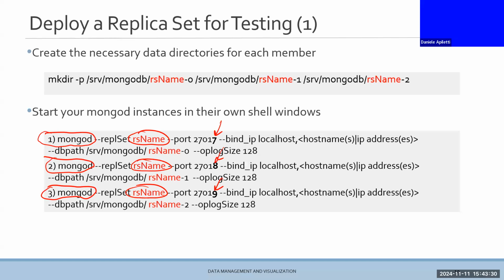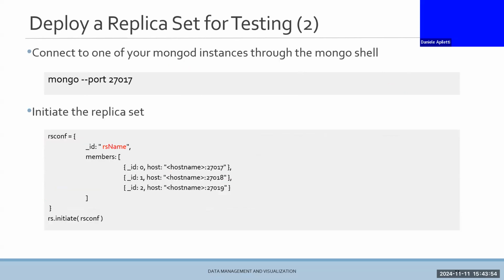That's an implication of the operating system. And then you pass different paths. So you build a directory for replica set name 0, then a directory for replica set name 1, so each one is independent, listening on different ports, and storing data in a different folder on the hard disk. And then you connect to one of them, you open the shell.